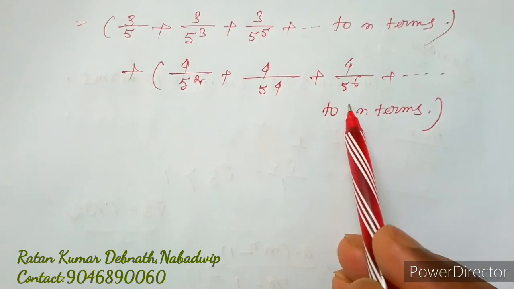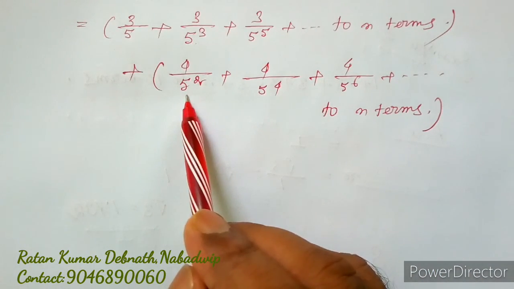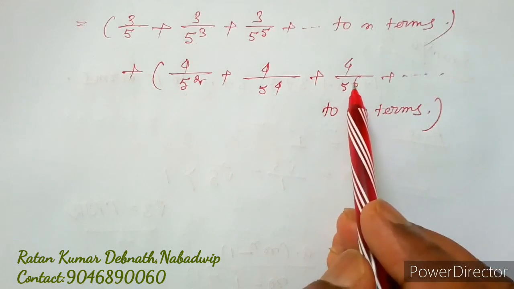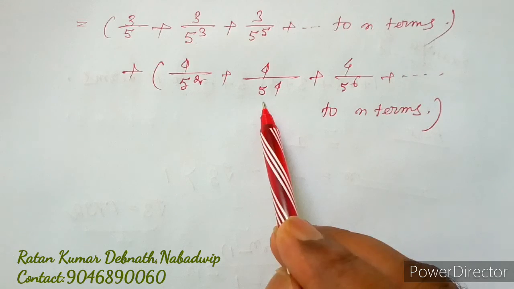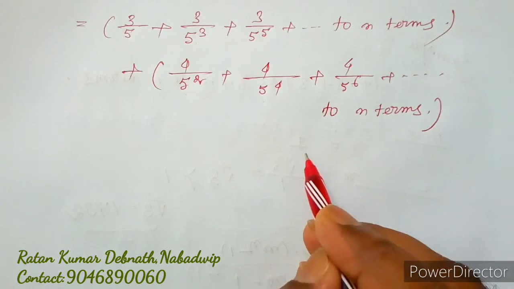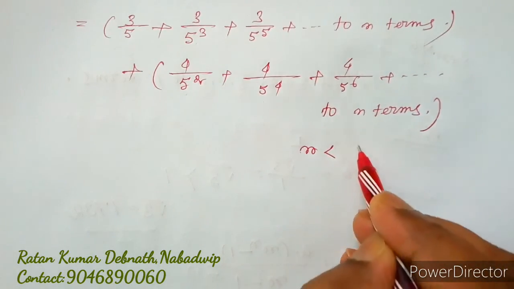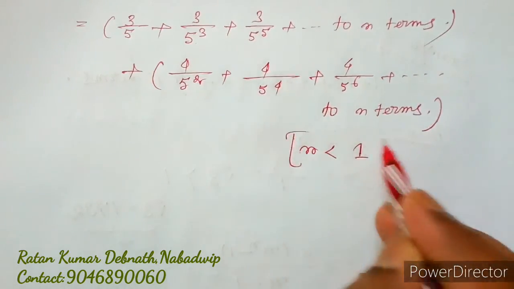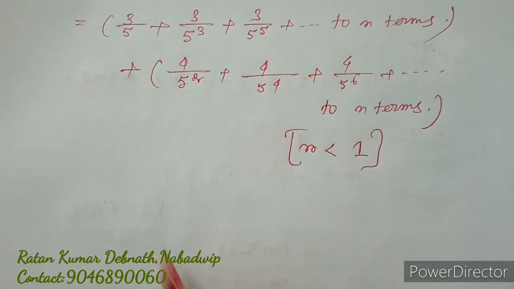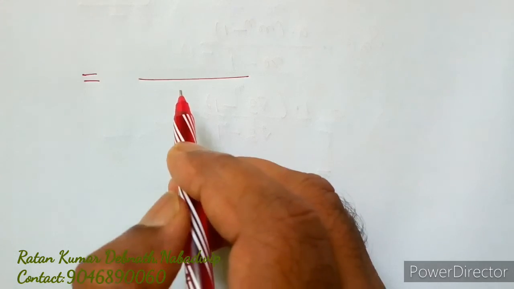And for the second series also, if you divide the second term by the first one, you will get 1 by 25. If you divide the third term by the second one, you will also get 1 by 25. So here in both cases r is less than 1. Now let us apply the formula for finding the sum.